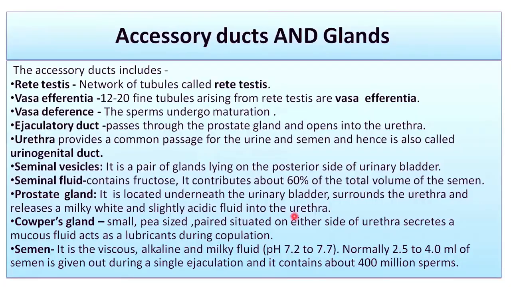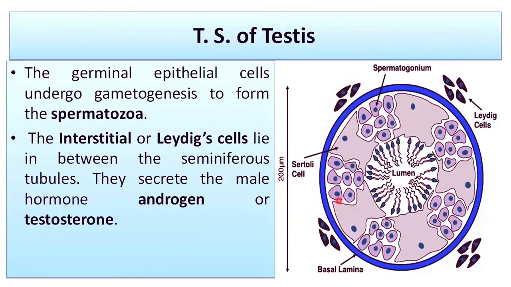Now students, we will see the next diagram, that is the transverse section of the testis. In the previous one we saw the longitudinal section of the testis. Now this is the transverse section of the testis. Here the germinal epithelial cell undergoes gametogenesis to form spermatozoa. So it is the spermatogonium.